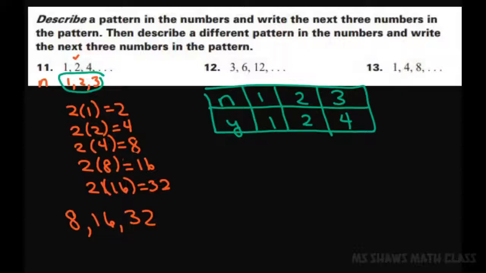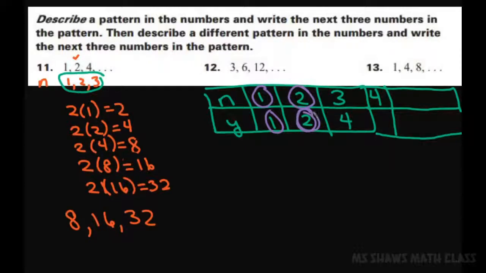To get the next terms, we need 3 more. I know my fourth term. This one was 1 plus 1 is 2, and I got 2. Then you could say 2 plus 2 is 4. Now to get these terms, I could say 3 plus 4 is 7.